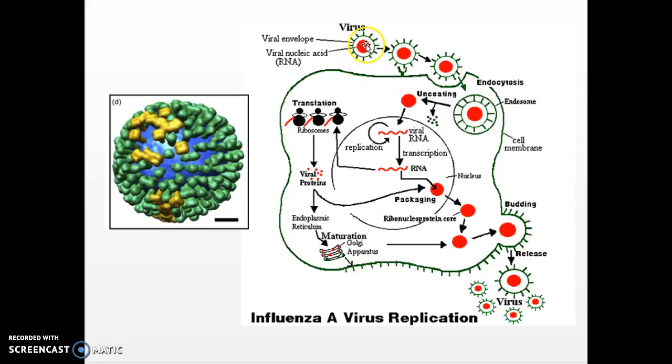The virus adsorbs to the surface protein of the host cell, and then it can enter the host cell by endocytosis. Inside the cell, as a result of endocytosis, it is surrounded by a membrane called an endosome.